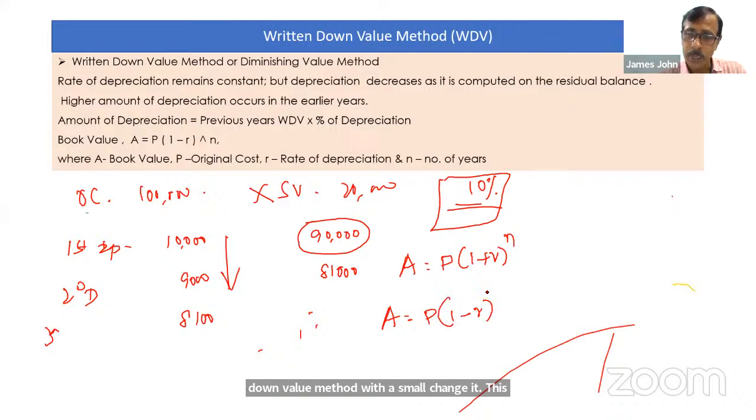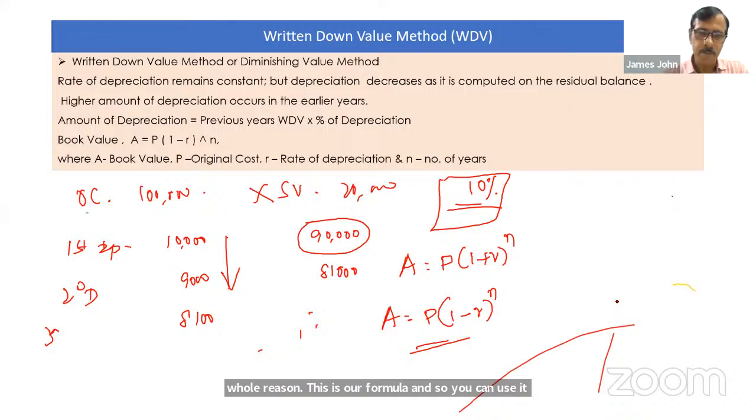It is 1 minus R the whole raised to n, where P stands for the original cost, R the rate of depreciation, and n the number of years. Why have you put minus? Because in the case of compound interest, interest is added to the principal. In the case of depreciation, the depreciation amount is deducted. That's why we use the formula P into 1 minus R the whole raised to n. This formula also you can use.